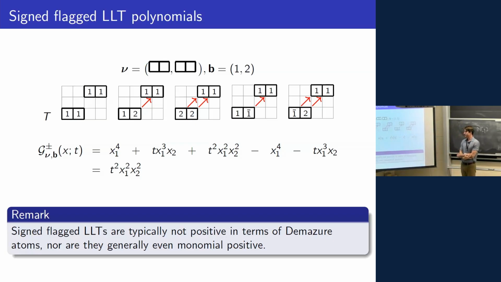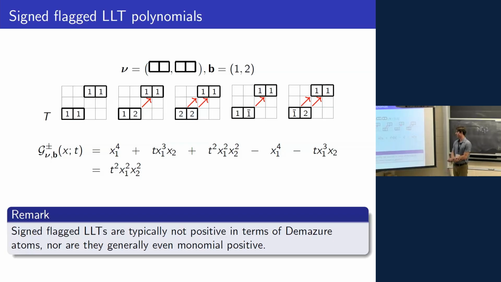So even though you have this combinatorial formula, you can have internal cancellation, and this whole thing actually just collapses to a monomial. That's a small example issue. In general, signed flag LLTs are not typically positive in terms of atoms, and they're generally not even positive in terms of monomials. They'll have a lot of minus terms floating around in their monomial expansions.